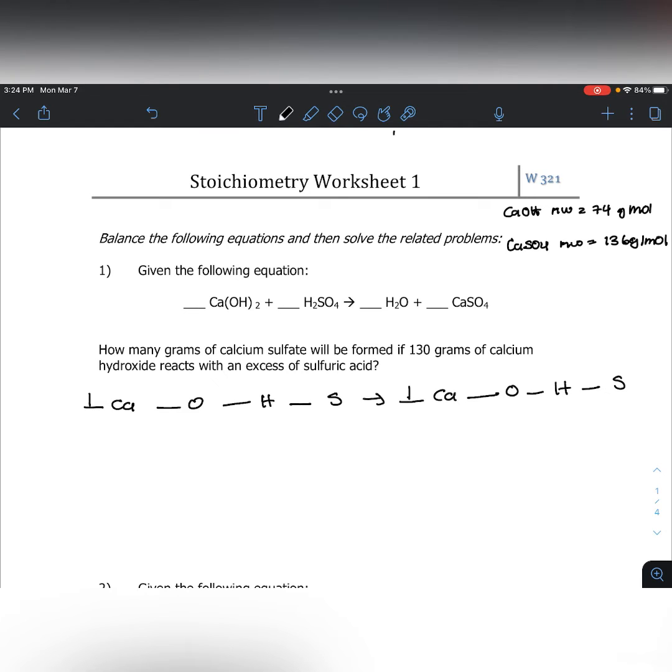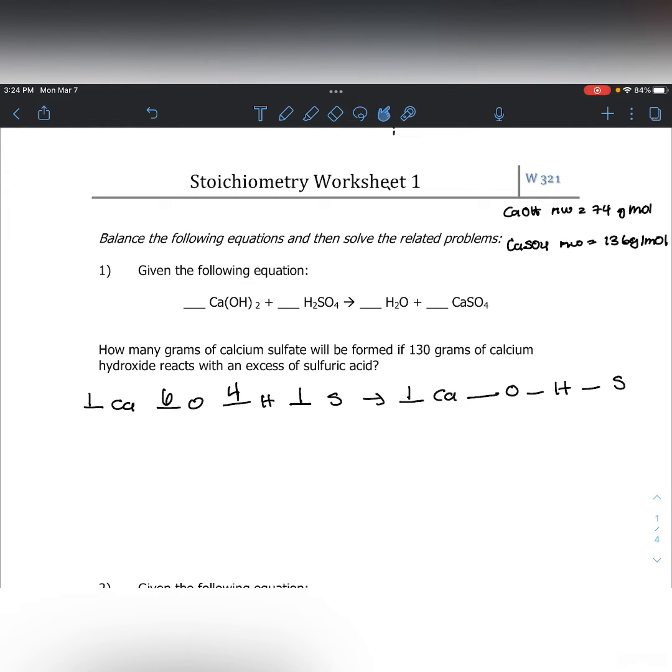We have a total of, let's see, 2 plus 4, that should be 6 oxygens. Then let's see how many hydrogens we have: 2 plus another 2, so that should be 4. And let's see how much sulfur. We just have 1, so that one's pretty easy.